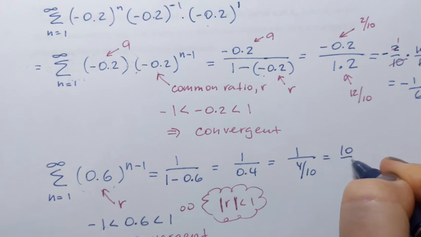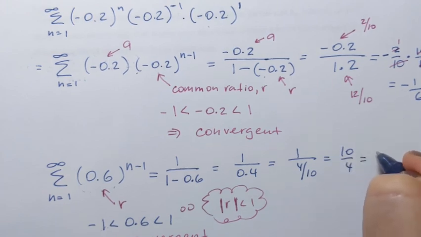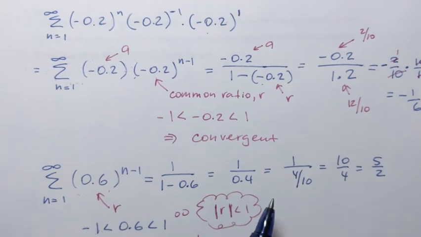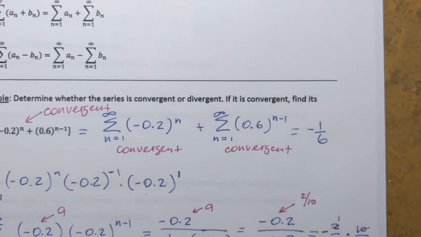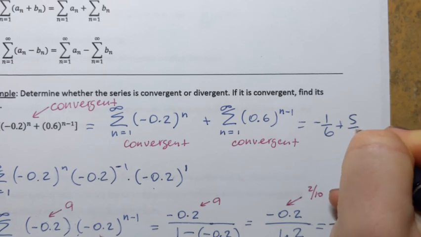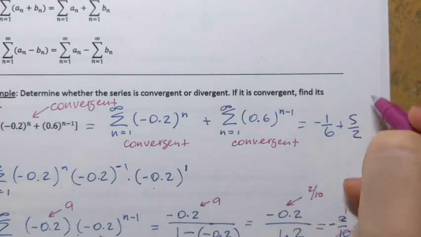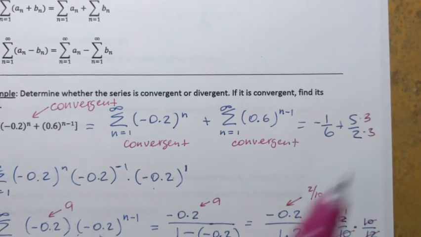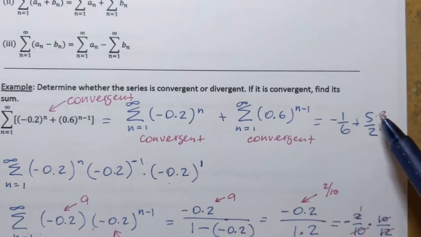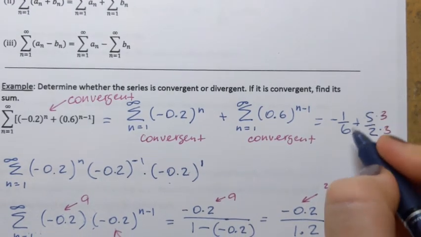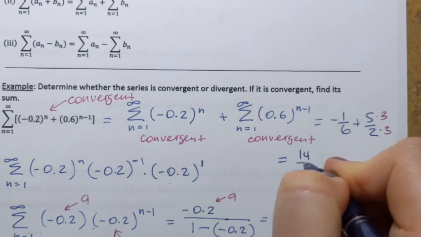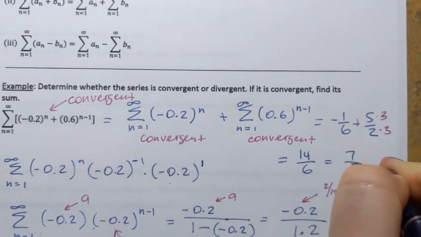So it's 10/4 or 5/2, right? So that means that I need to add 5/2. So we'll multiply by 3 on the top and on the bottom. That's going to be negative 1 plus 15, so 14. That is 14/6 or 7/3.